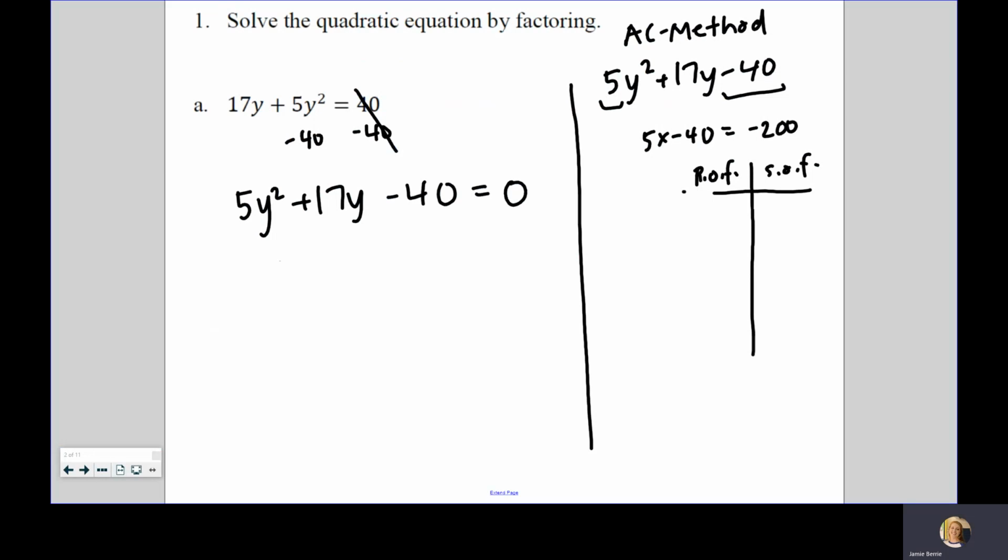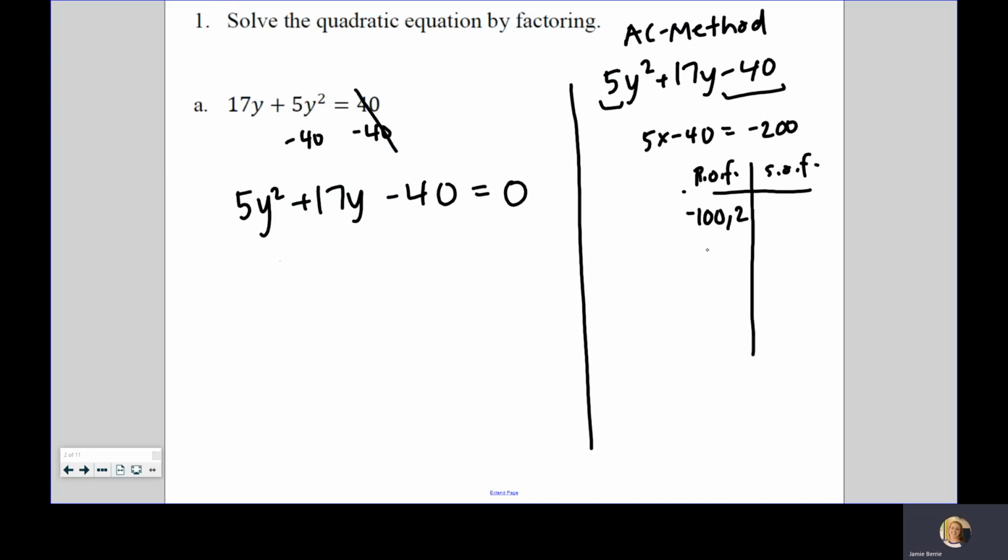All right, so this is a large number to be looking for factor pairs of. I would not put one this large on the test, but you may see something like this on the homework. So some factors of 200, you could have, of course, 2 and 100. That's not going to add to 17.